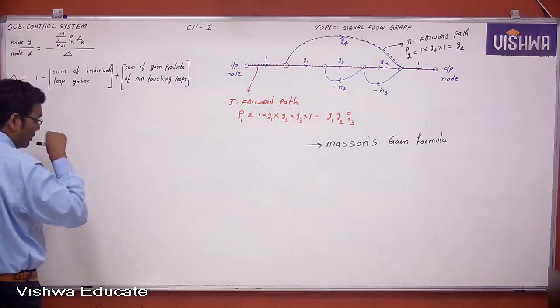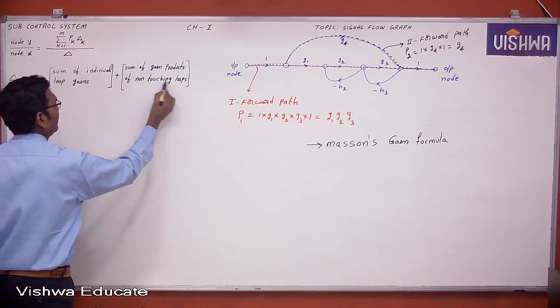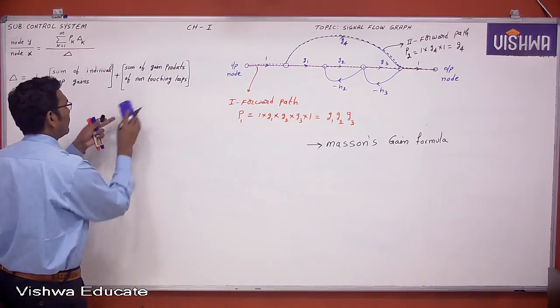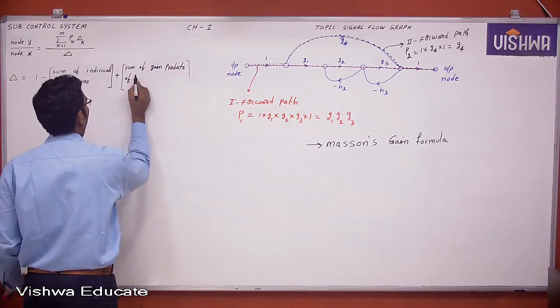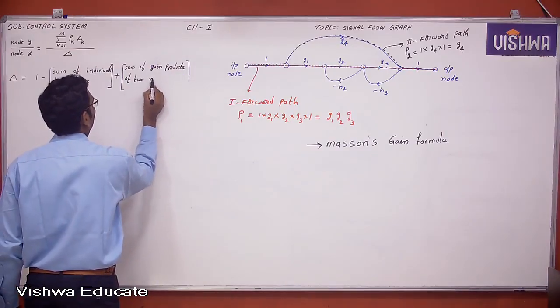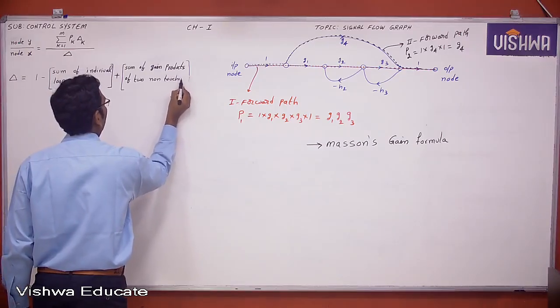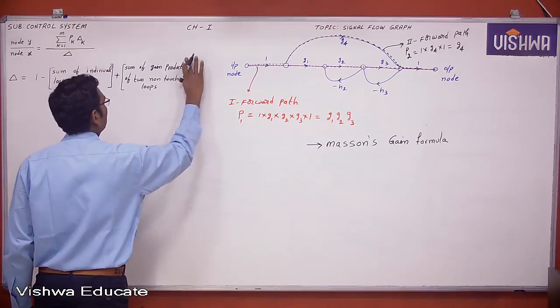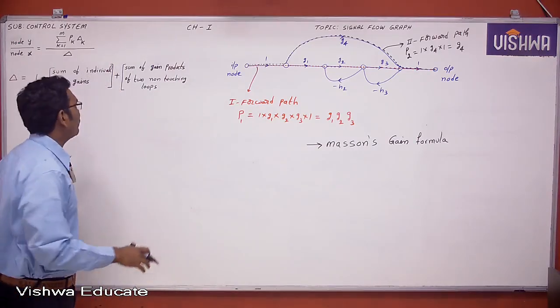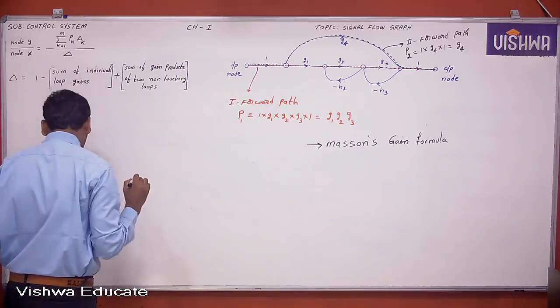Now see here: sum of individual loop gains, plus sum of gain products of two non-touching loops.